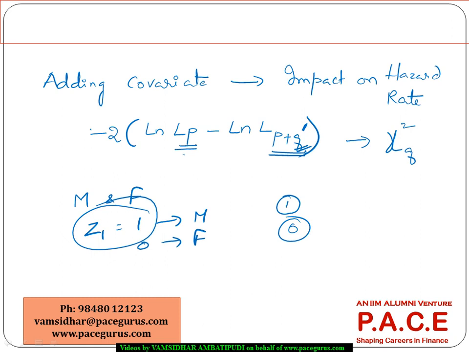So this is the comparison that typically happens. If this computed value is greater than the chi-square critical value with q degrees of freedom, probably at 5% significance level, then I can very well reject the null hypothesis and say that the beta is significantly different from 0, which means there is an impact of that particular covariate on the hazard function.